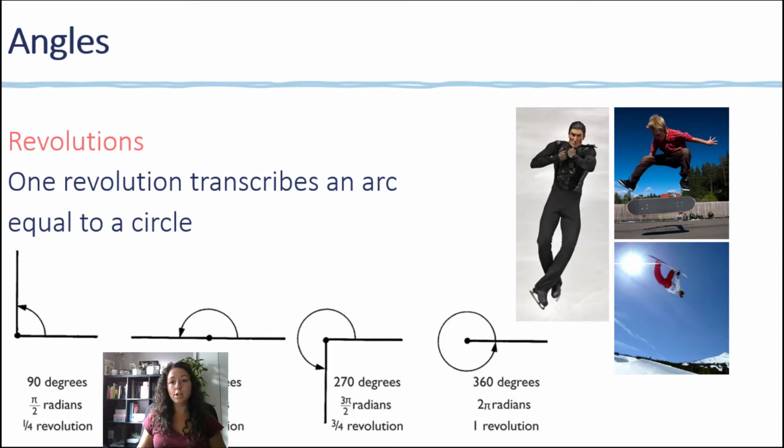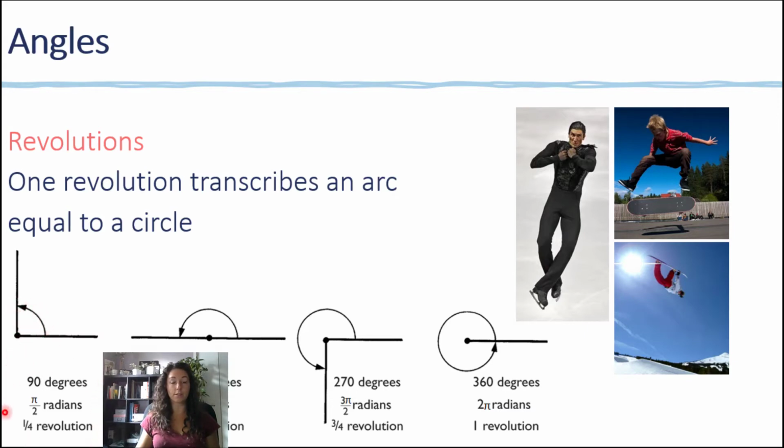So let's just look at the relationship between all the units that we just discussed. So 90 degrees is equal to 1/2 pi times a radian, which is equal to a quarter revolution.